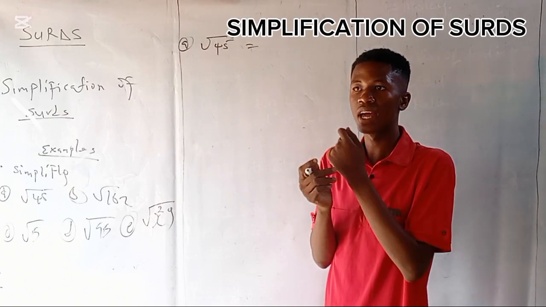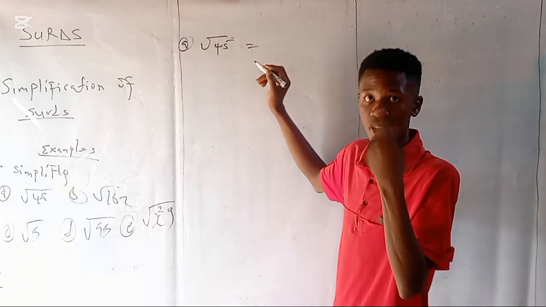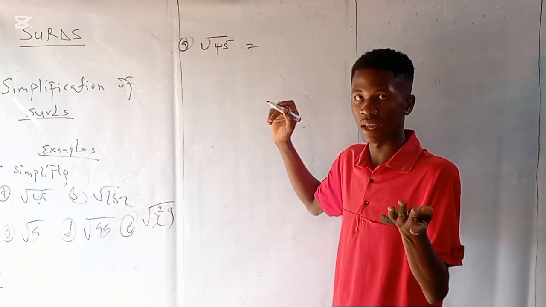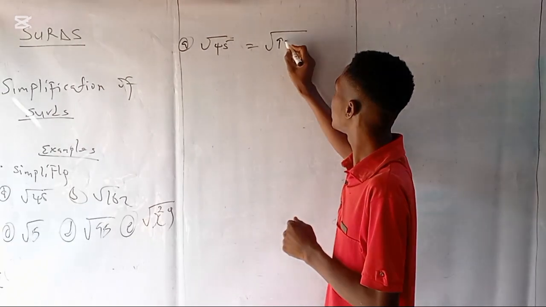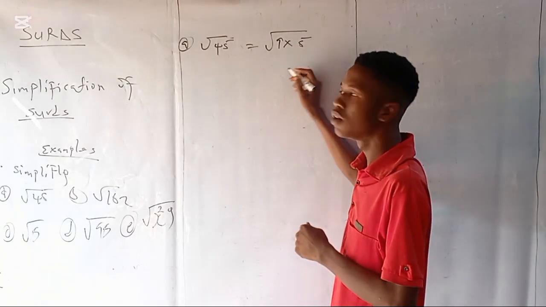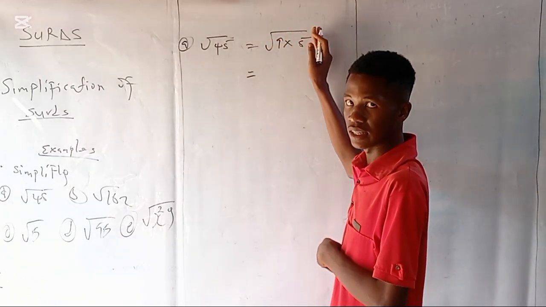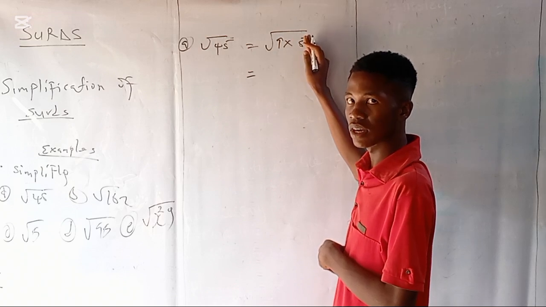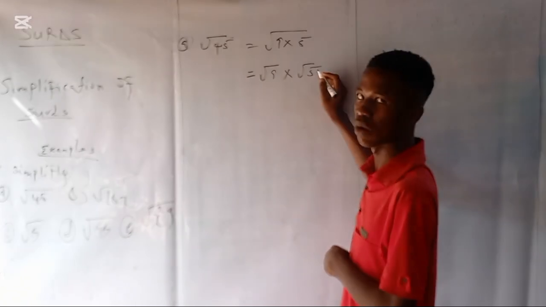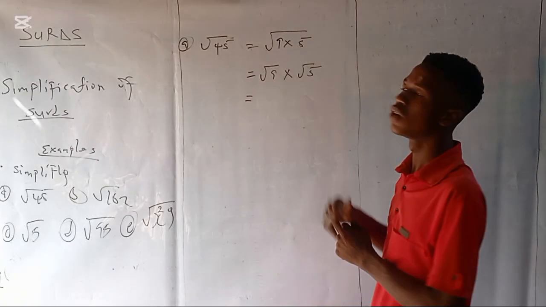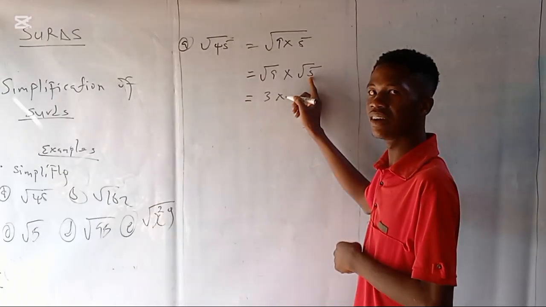The numbers are 9 and 5. 9 is a perfect square because the square root of 9 is 3. So you take the square root of the two numbers, 9 times 5, differently. We have root 9 times root 5. The square root of 9 is 3.